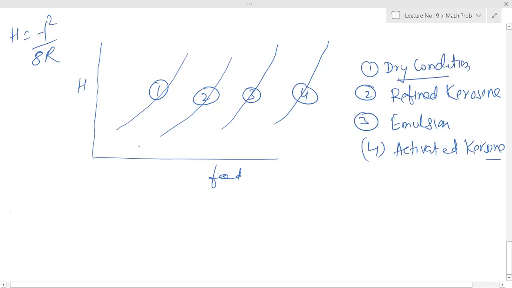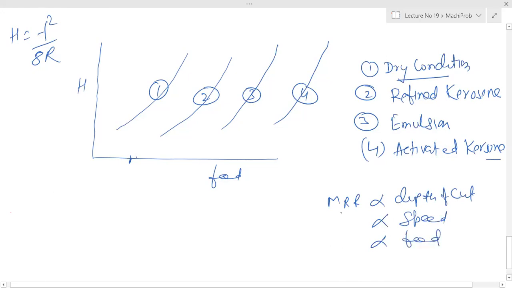You see at lesser feed, because you know metal removal rate is directly proportional to depth of cut, directly proportional to speed, directly proportional to feed. So if you want more metal removal rate, you have to apply more feed.